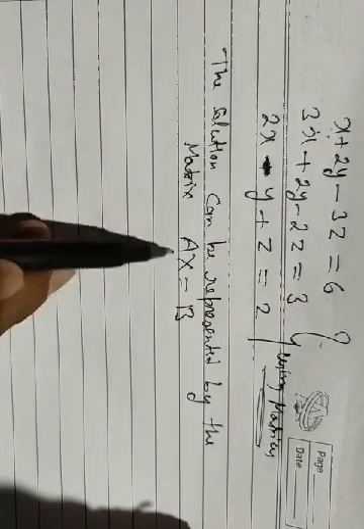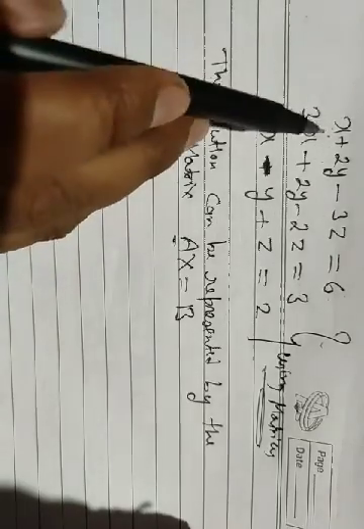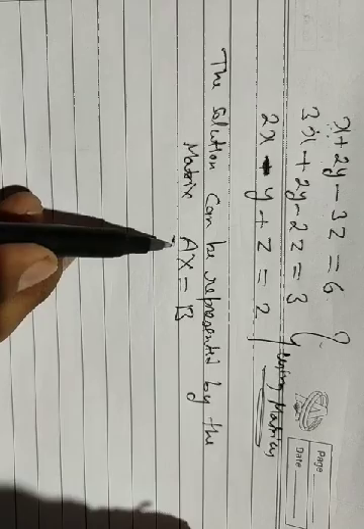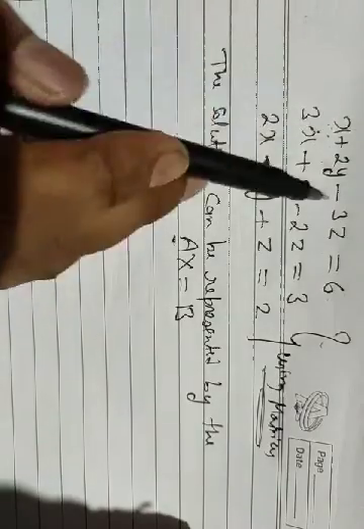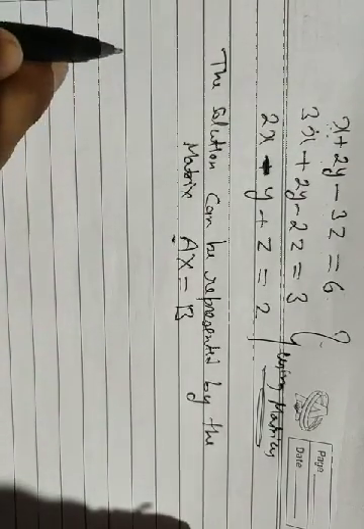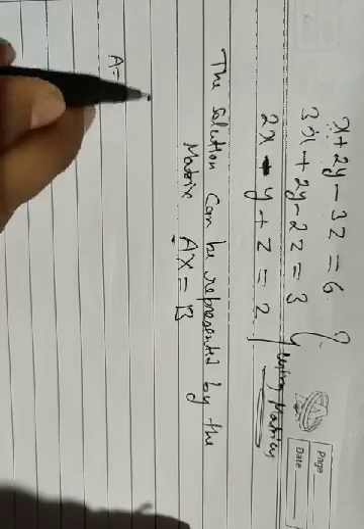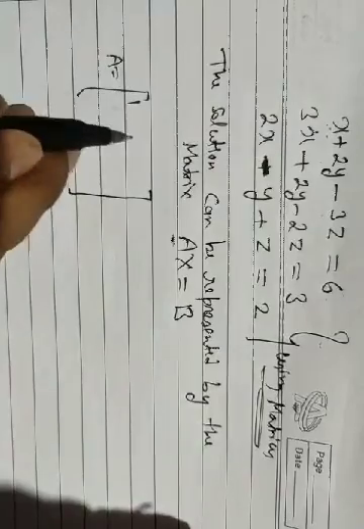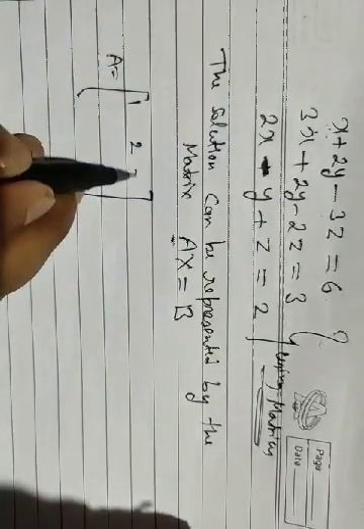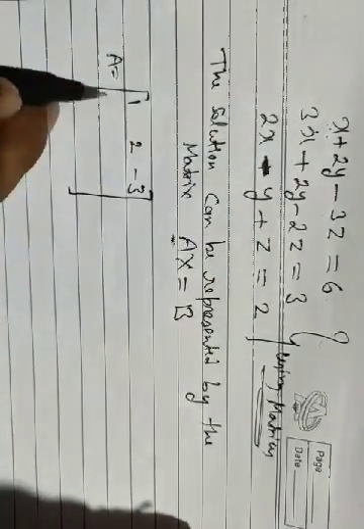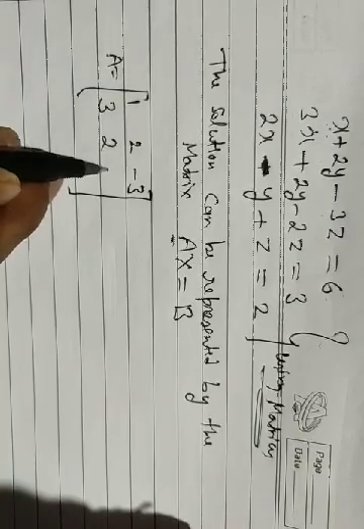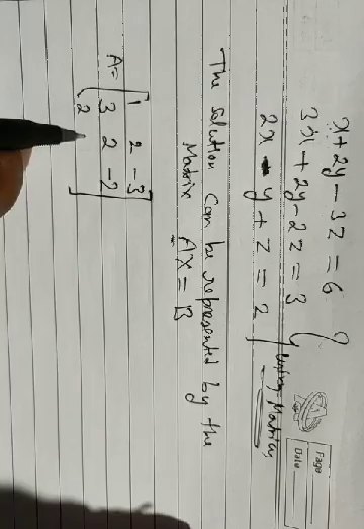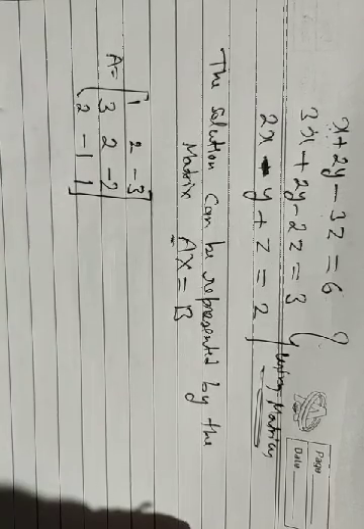A is a square matrix formed by the coefficients of x, y, z. So our A is the square matrix with rows 1, 2, minus 3, then 3, 2, minus 2, then 2, minus 1 and 1.